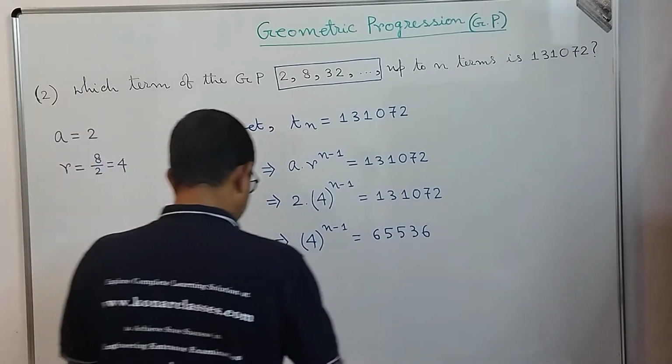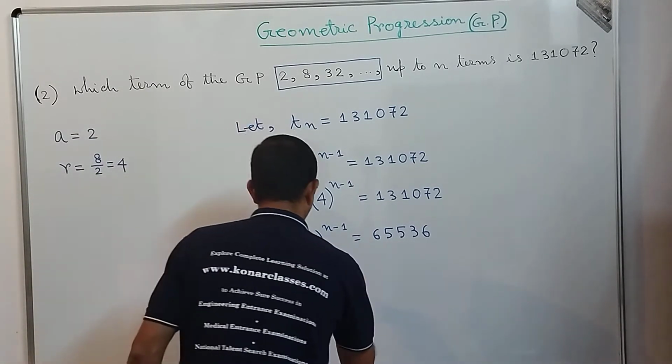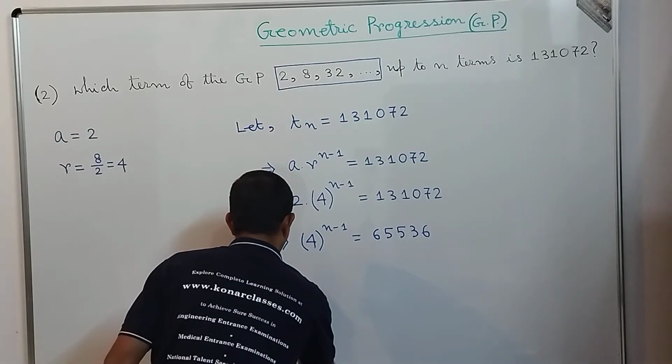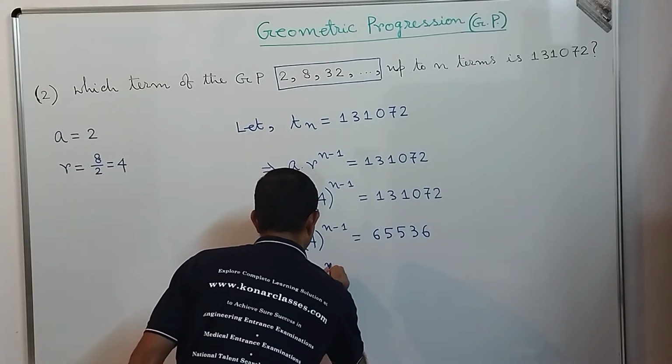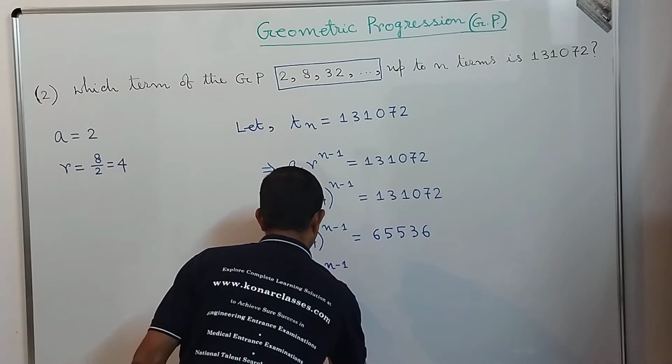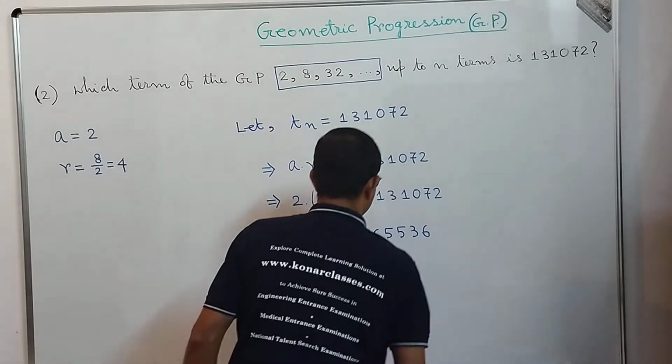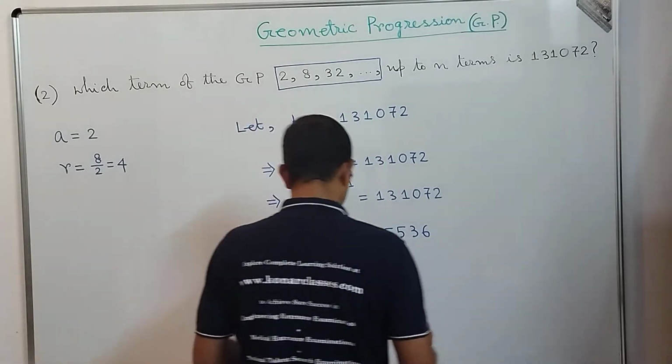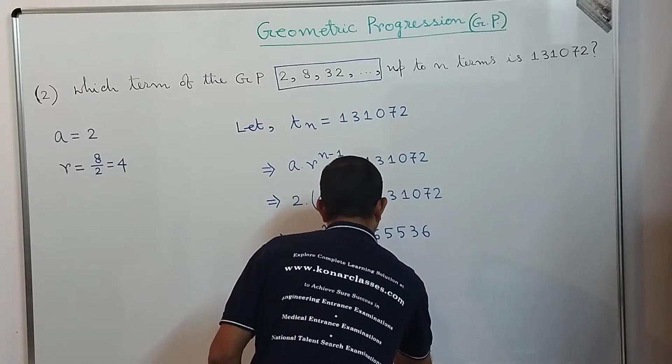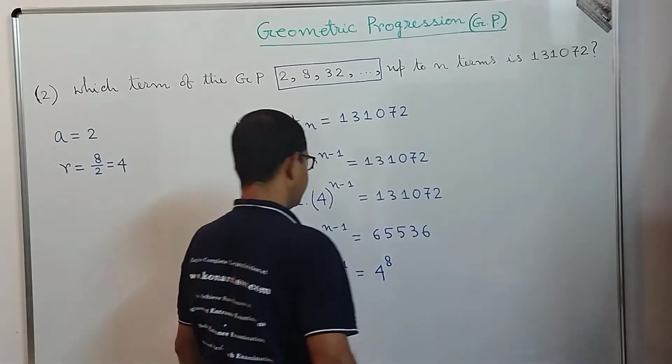Okay. So that means what, dear students? Now if we make it in terms of power, 65,536 is nothing but 4 to the power 8. Correct?